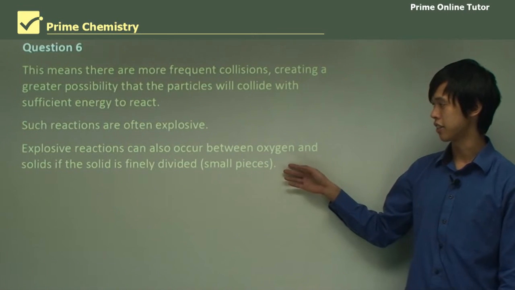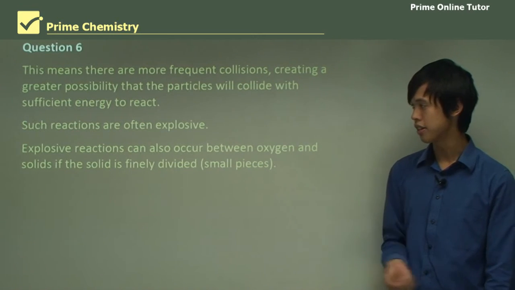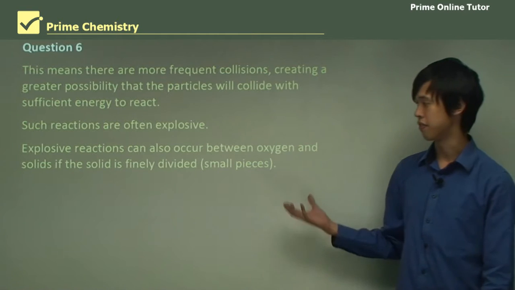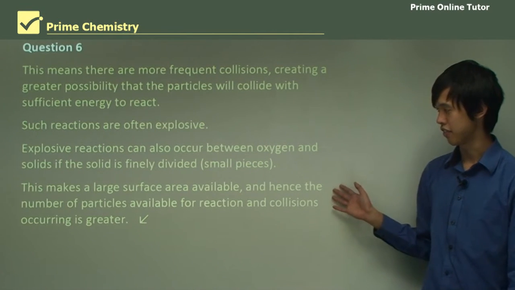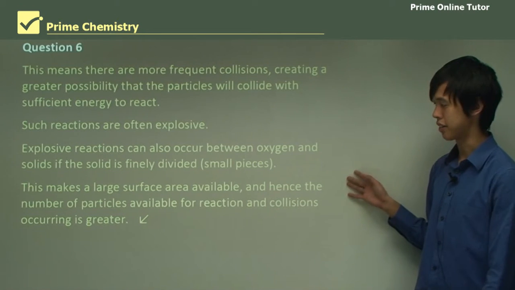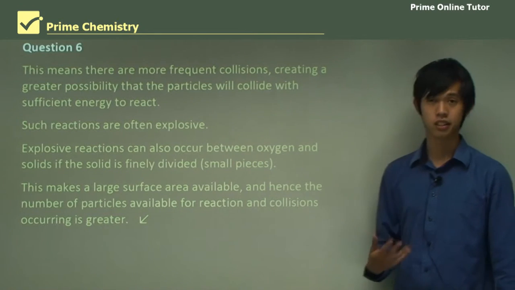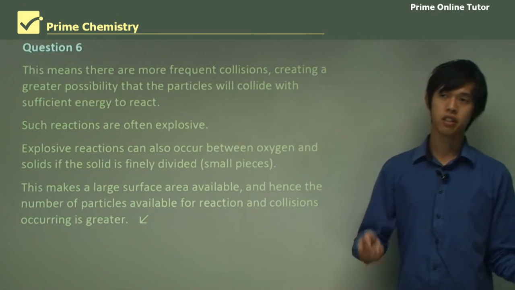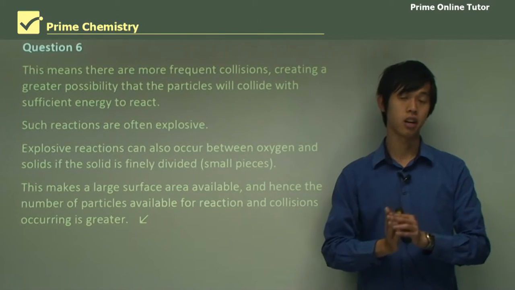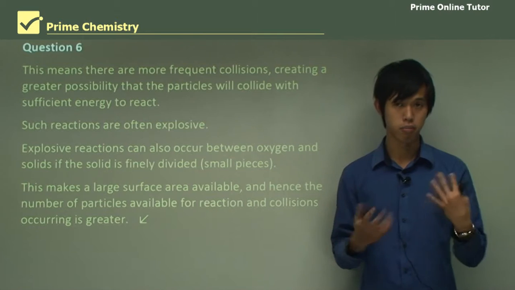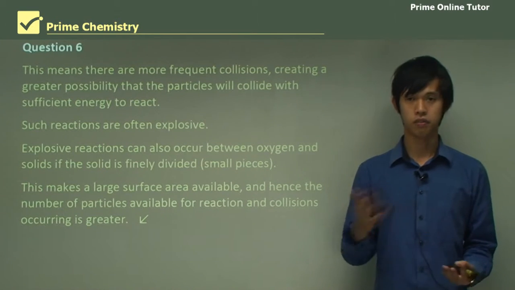And these reactions are often explosive. Explosive reactions can also occur between oxygen and solids if the solid is ground into fine pieces. This makes a large surface area available, and hence the number of particles available for reaction and collisions is greater. Okay? So the variable reaction rates in combustion is basically because the particles' mobility is different in different fuels.